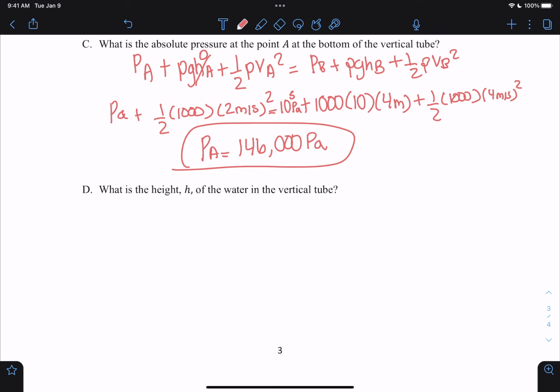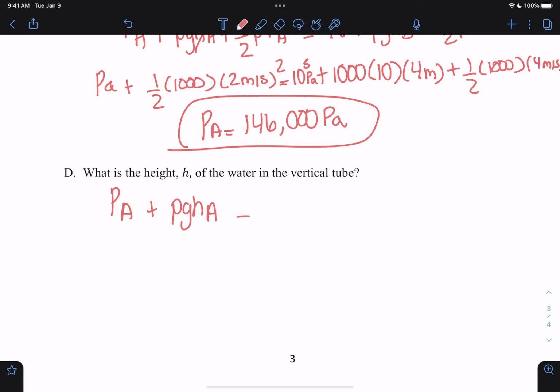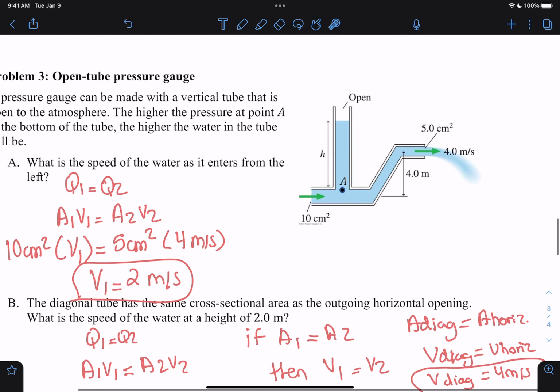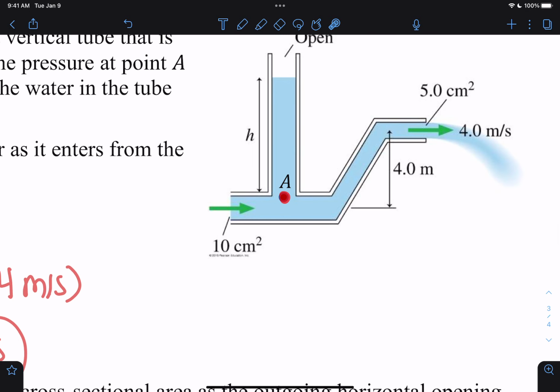Yep, hydrostatic pressure equation, we can use that. So we have PA plus rho GHA is equal to PB plus rho GHB, right? Well, pressure of A, we already figured that out. That's 146,000 pascals. And we said that we can determine that our A here is at the bottom of the tube, basically. That's our bottom point, and then anything upwards is height. So height indicates moving upwards, right?